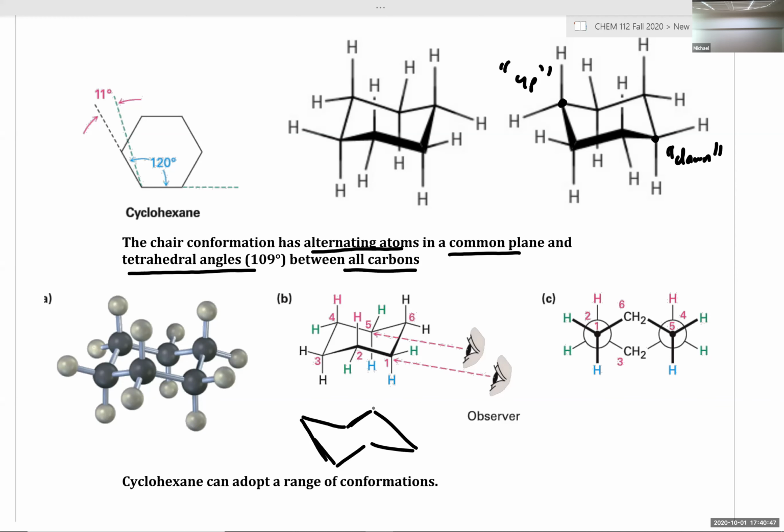And we can see that if we draw a Newman projection for our cyclohexane system, all of our hydrogen substituents are staggered. Does that make sense?